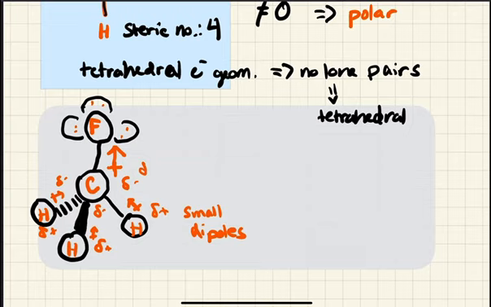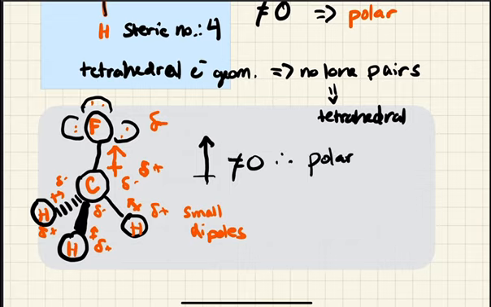So that leaves our carbon partially positive and our fluorine partially negative. And so our overall dipole is going to be pointing in the upward direction, and it's not 0, it's not close to 0. That difference between carbon and fluorine makes a pretty significant impact, so we'll say not equal to 0, therefore it is polar.